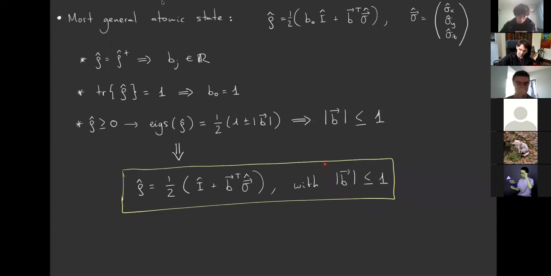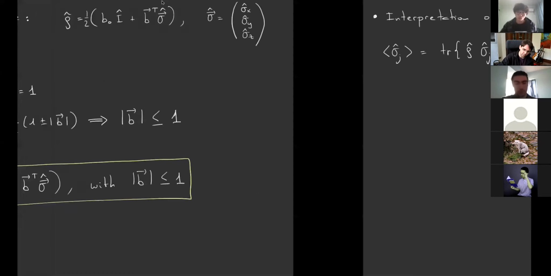But rho has this form, and therefore this will be equal to 1/2 of the trace of the operator itself, because the first part of rho is just the identity, plus the sum over k of bk times the Pauli operator sigma k, but now we have the trace with the Pauli operator, sorry, this is sigma j, and here we have sigma k.